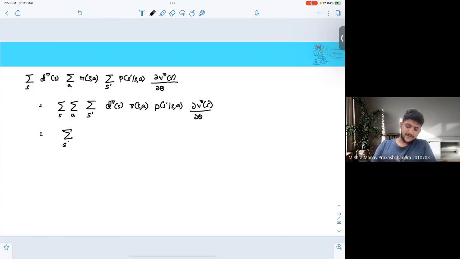This is the property of a steady state distribution. So this will simply become d pi of s prime times d v pi on s prime by d theta, right?